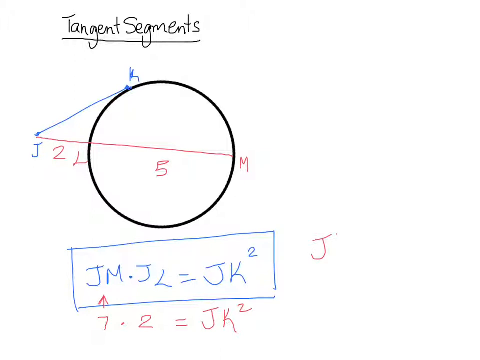So JK squared then would be 14, and JK would be the square root of 14. And you can go ahead and simplify that or turn it into a decimal, your choice. But that's how tangent segments work. That's it for now.